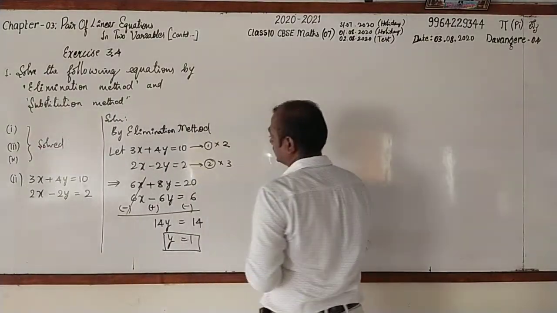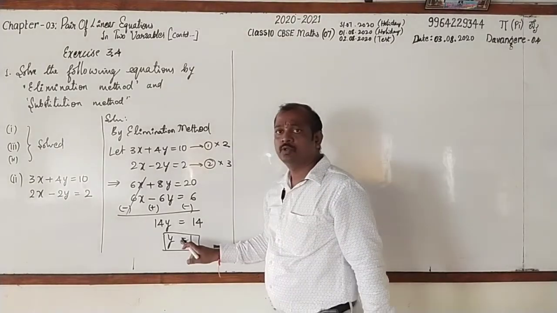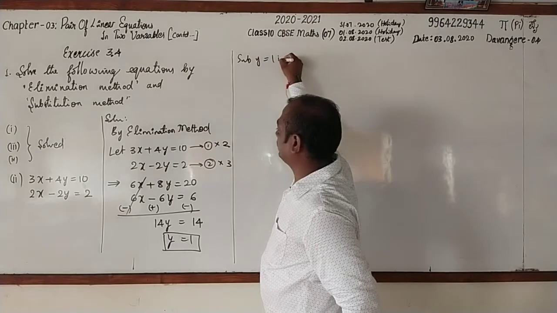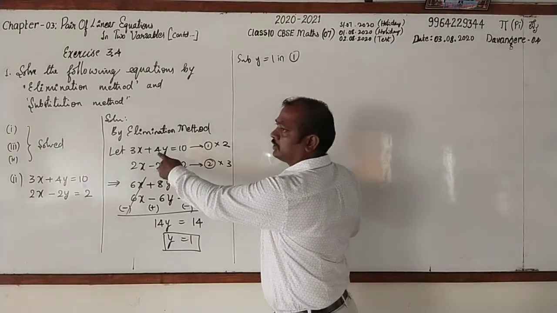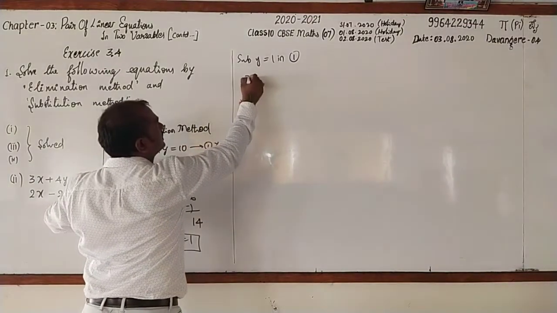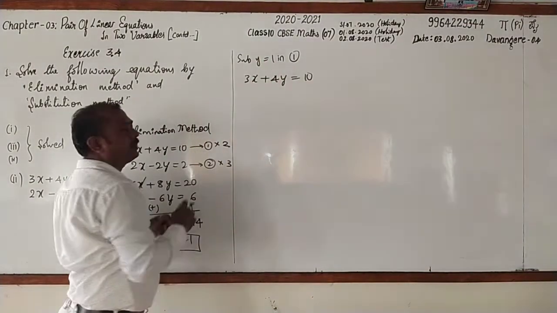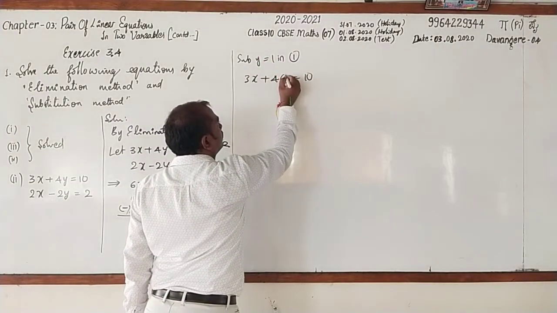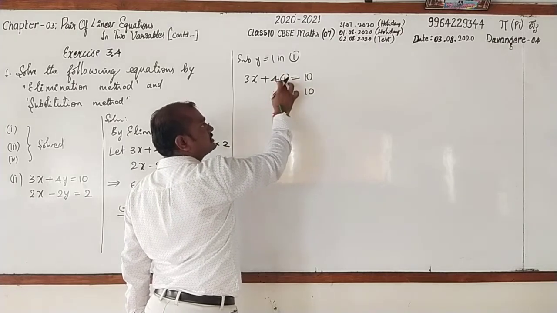Clear? Next, let us find x. So, you have to substitute y equal to 1 in any one of these 2 equations. I will go for the first equation only. What is the first equation? It is 3x plus 4y equal to 10. What is y? y is 1. Here I write 1. Then 3x is equal to 10. 4 ones are 4.